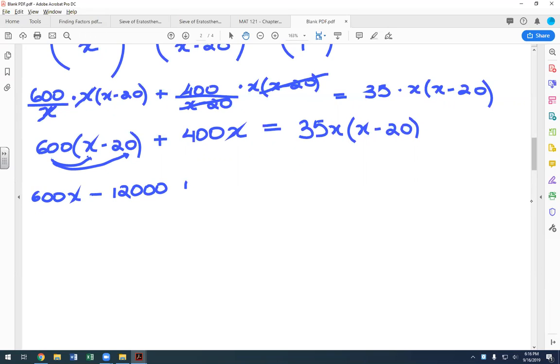Plus the 400x. And of course, here we're going to be doing 35x with x. And that will give us 35x squared minus, what is 35x with 20? Yeah, 35 times 2 is 70. Slap on that extra 0. And don't forget your x.